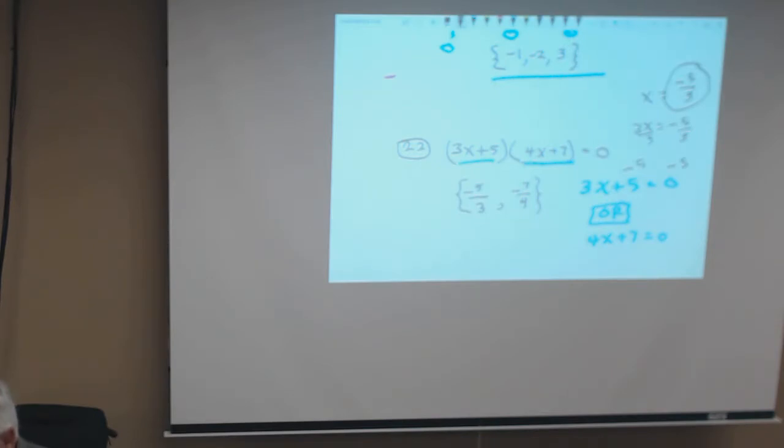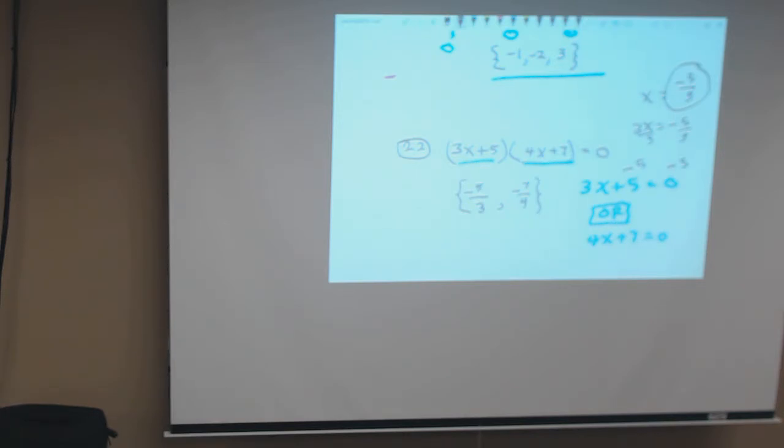So sometimes when the two binomials you're multiplying to get 0 are a little complicated, then I'm going to get fractions for answers, and that's going to be okay. Just work them out, and you'll be there.